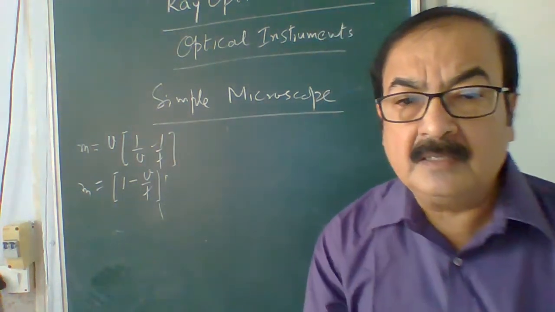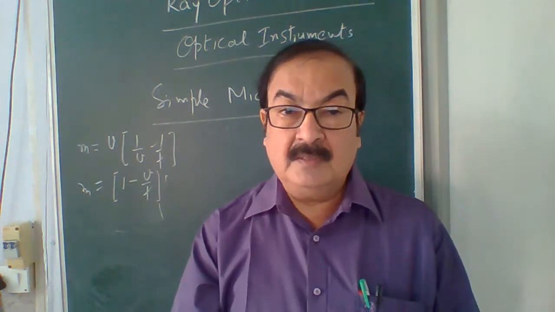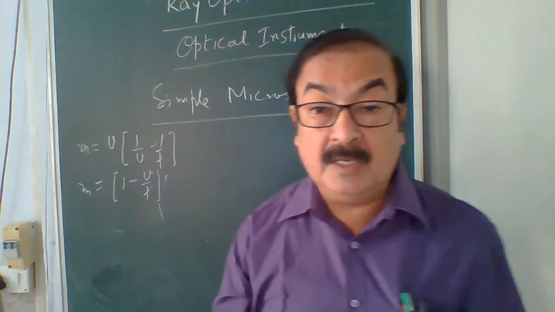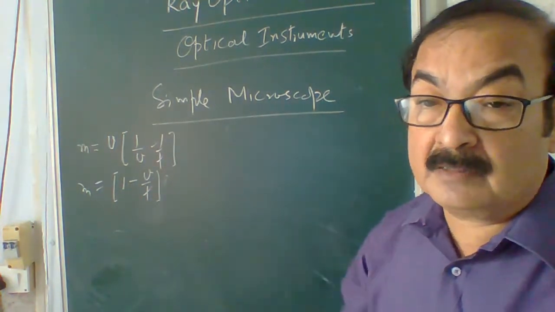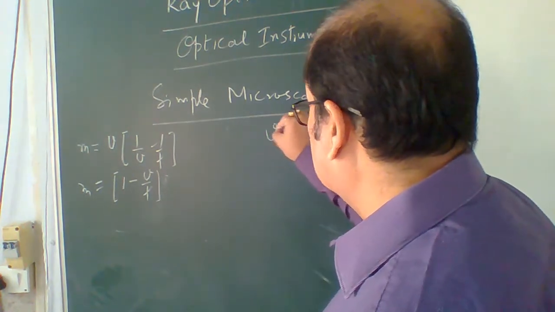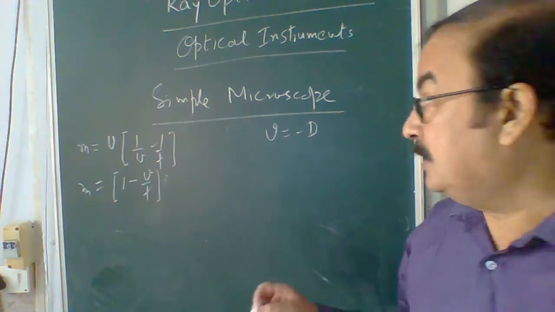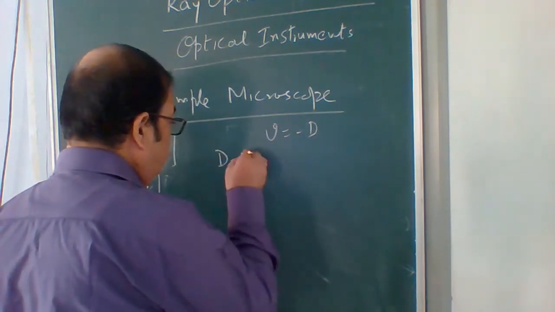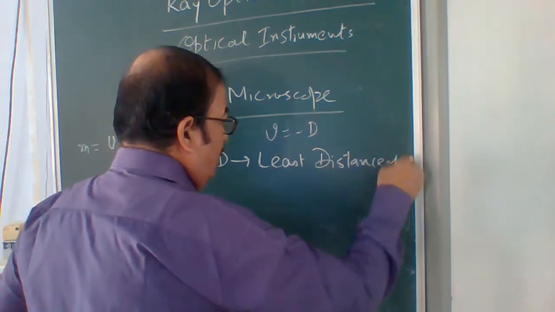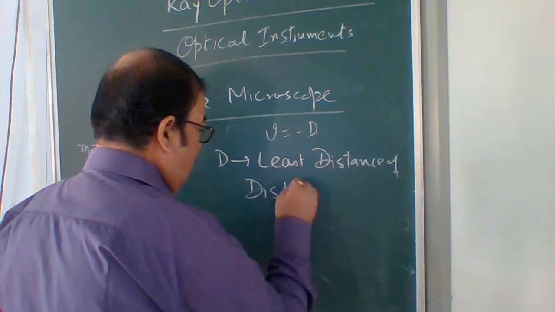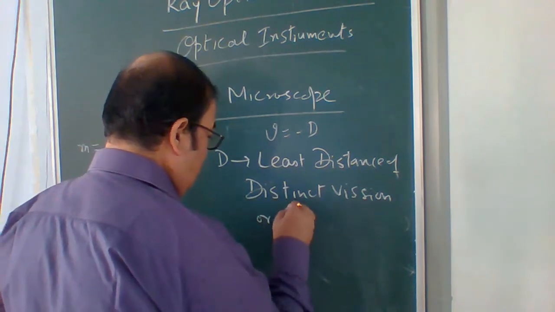Now you can see if the final image is obtained at the near point or the least distance of distinct vision, always remember, according to sign convention, V and U both were negative, and in this case also we will place V as negative, and it is equal to minus D. If the final image is obtained at the least distance of distinct vision or near point, D is the least distance of distinct vision or near point.